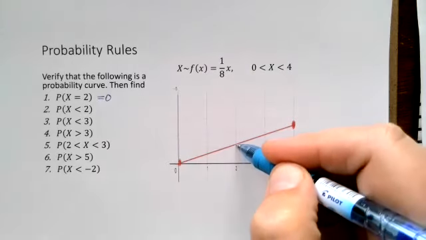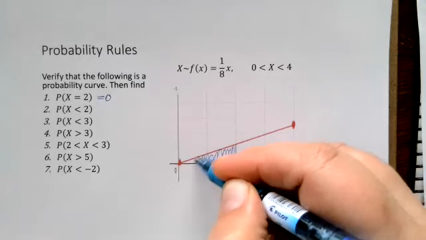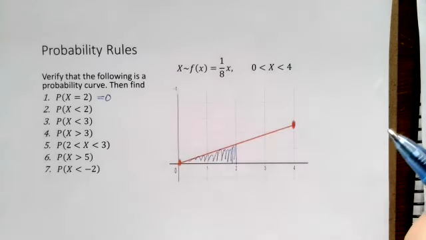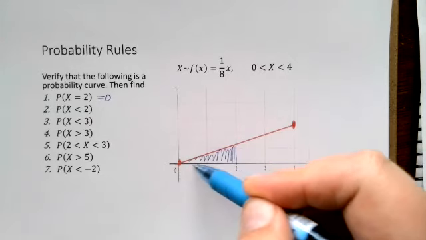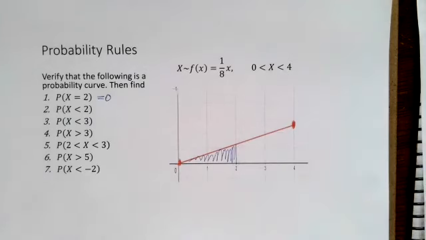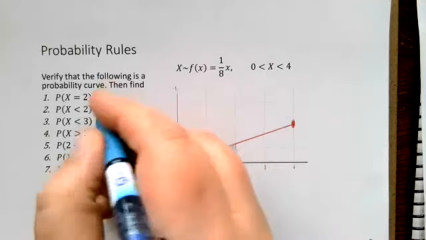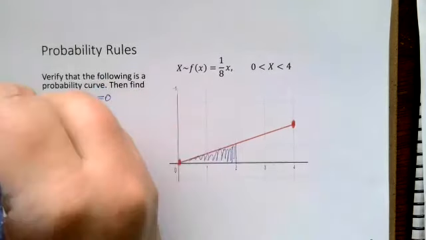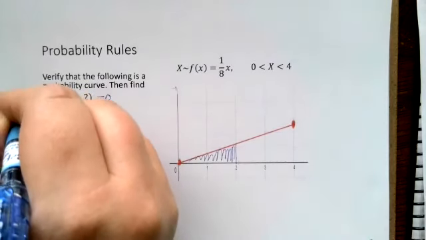Well, less than 2, that's the area to the left of 2. And here we have a triangle with base 2 and height of 1/4. Okay, so remember the formula for the area of a triangle is 1/2 base times height.